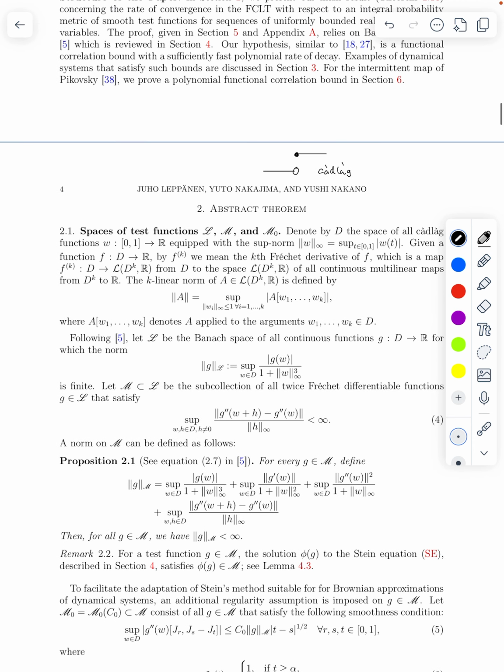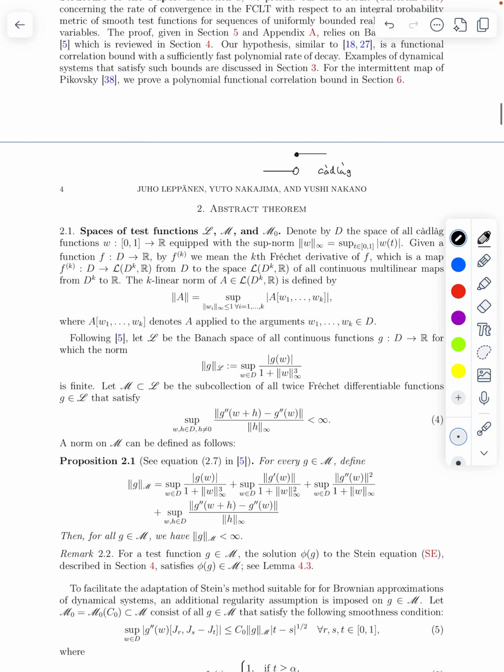So the goal is going to be to get some understanding of this. So we know then that G double prime of W plus H minus G double prime of W is less than or equal to some constant times the norm of H, right? Obviously. And so in particular, g double prime of w minus g double prime of 0 is less than or equal to kg times the norm of w.